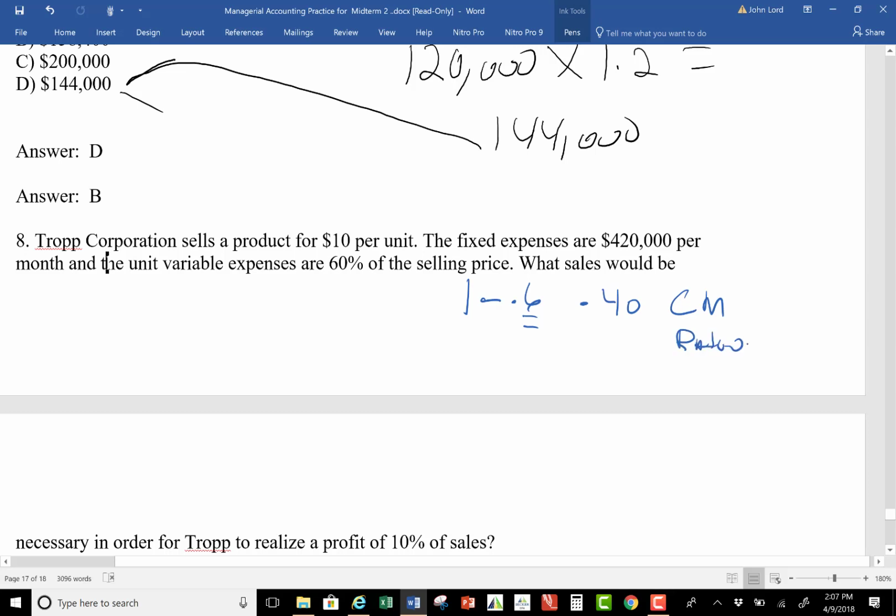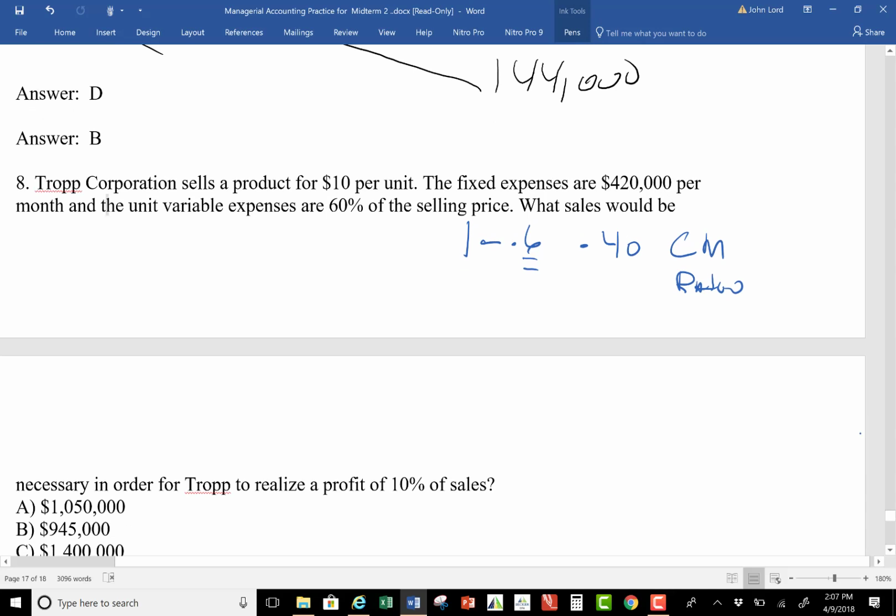Then I have to say that contribution margin ratio 0.40 times my target profit sales has to equal 420,000 plus 0.10 of my target profit sales, right?